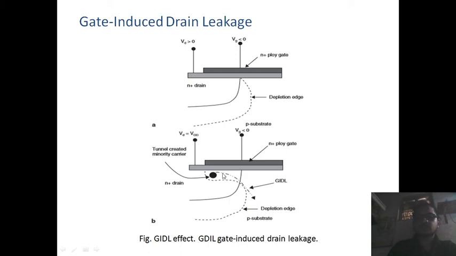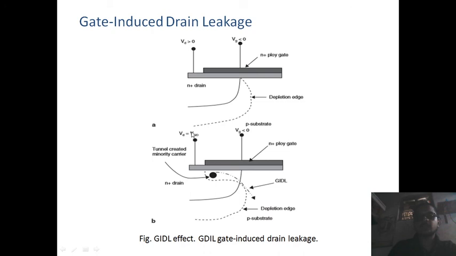Due to this phenomenon, the leakage current will be generated. That is called gate induced drain leakage. Here the drain is leaking to the substrate due to the decrease in the depletion width when we increase the drain voltage.